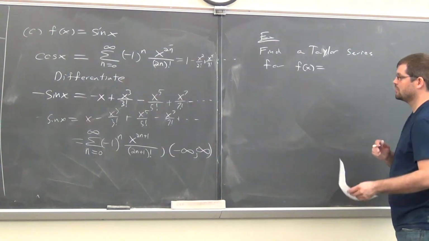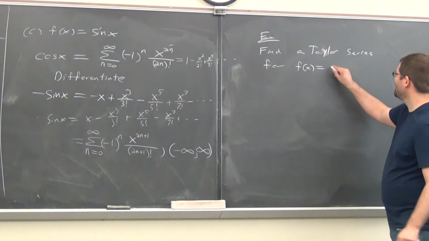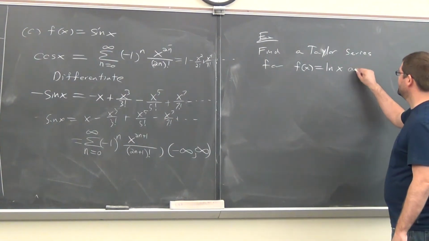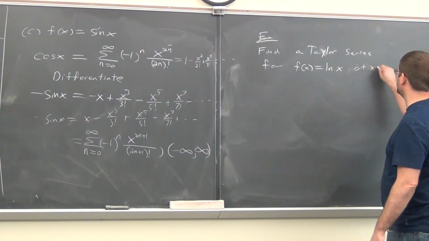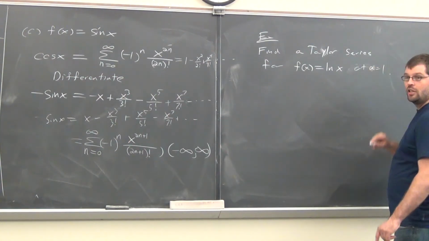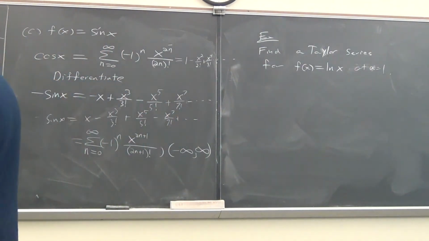There's so many fun and exciting functions. Let's just do log of x, okay? And then we'll do it at or around x equals, well, I'll just say at x equals 1, okay? And maybe I'll say a. So we're going to use a equals 1.